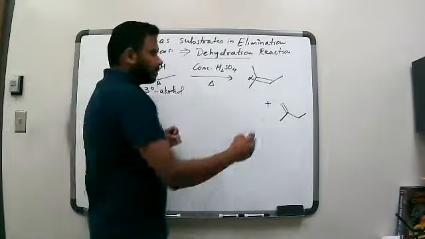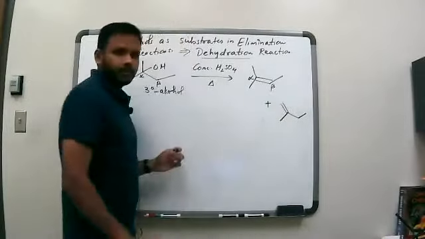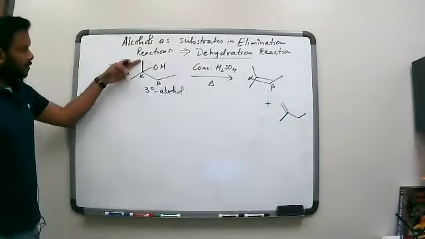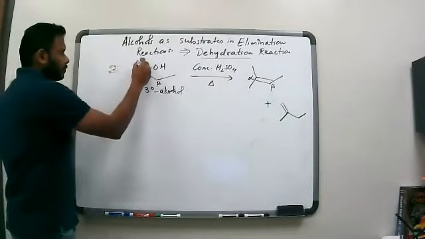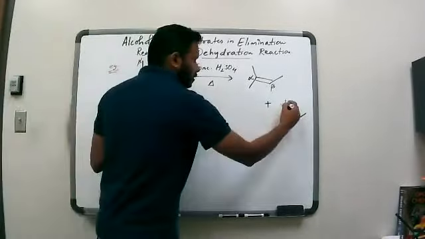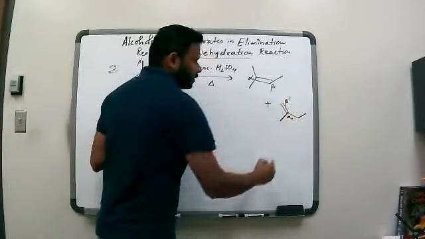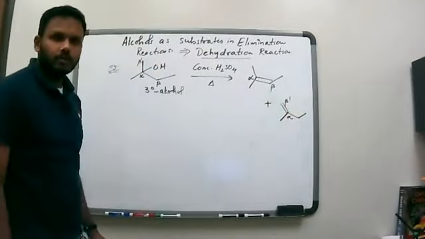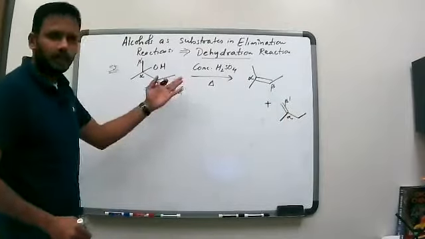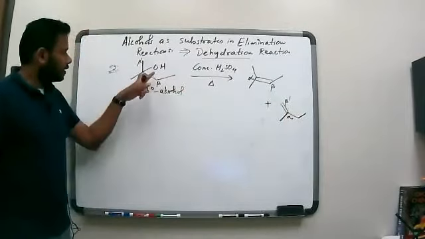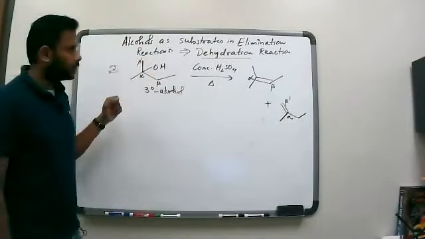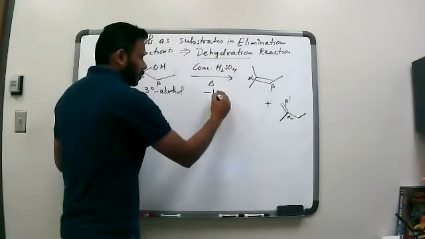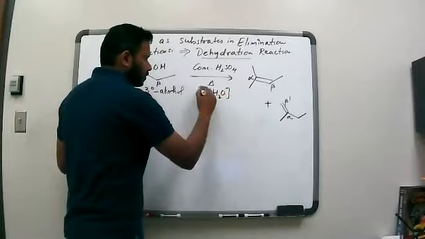And these two methyl groups, they're both beta prime. So the other product is a double bond between the alpha carbon and the beta prime carbon. What we're losing here is the hydroxyl group and a beta hydrogen.